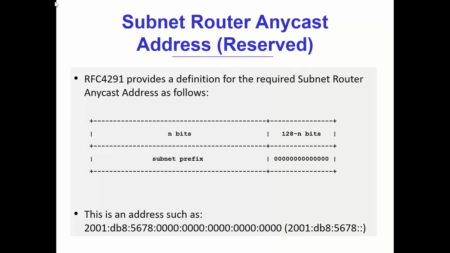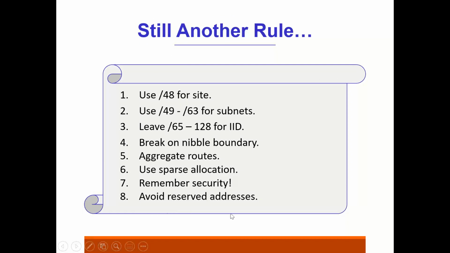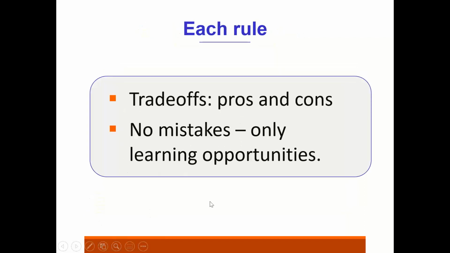There's something called a subnet router Anycast address, and that's reserved. You can look that up if you want, just Google subnet router Anycast address. But when you try to assign that to a router interface, it doesn't like it. So there's a number of reserved addresses, and you can look at those and see not to use those.